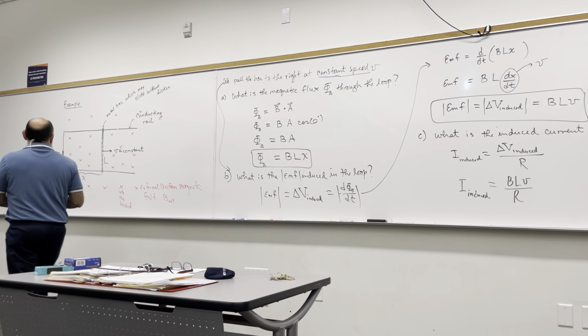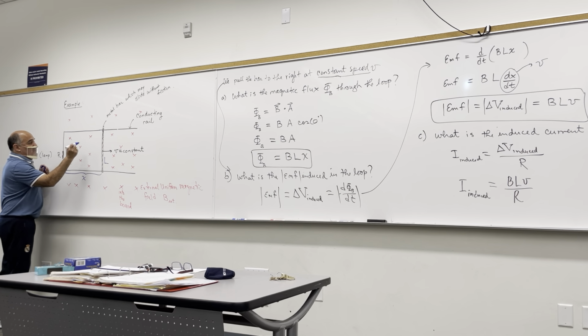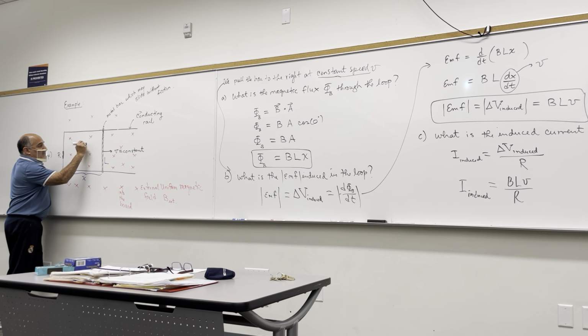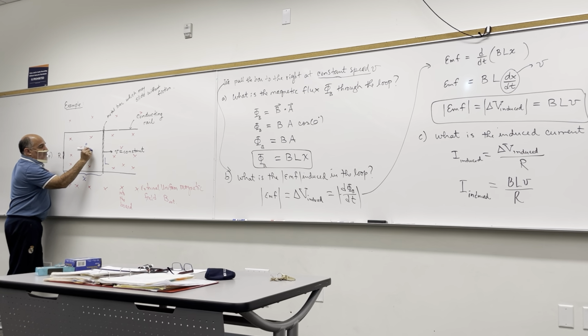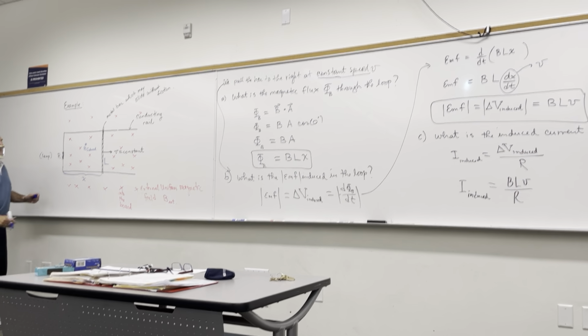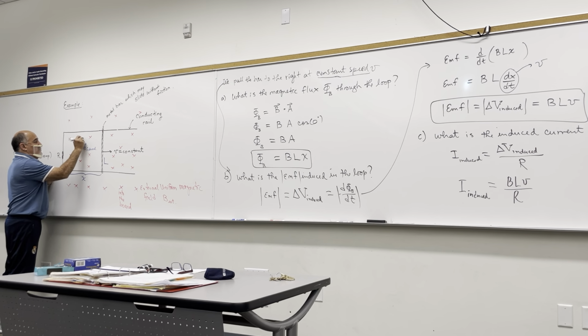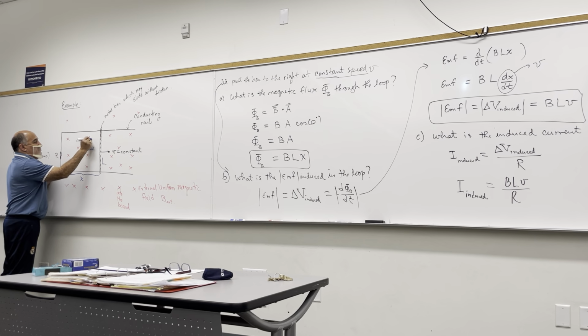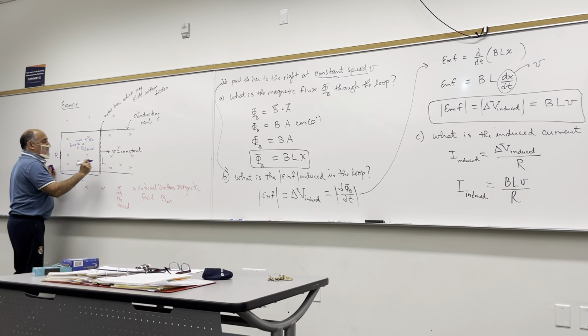But if in this loop it has to produce a magnetic field, this is the induced magnetic field, which means the magnetic field produced by the induced current. That's what that means, right? And it has to be out of the board. Therefore, it has to be in the bar.